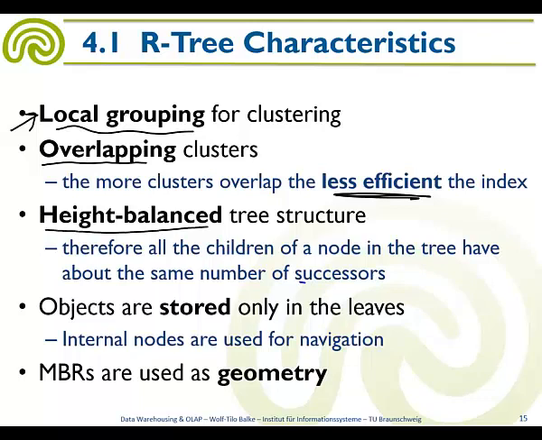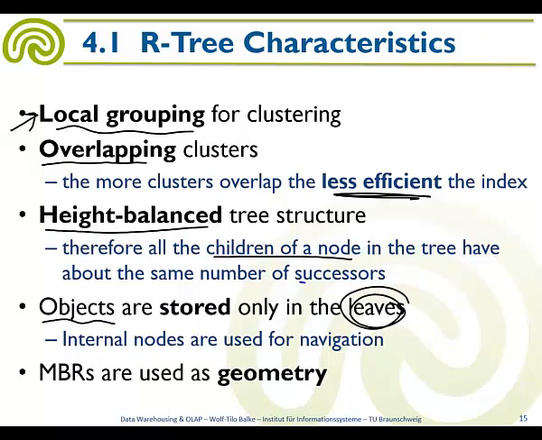And in terms of the balance, the tree is balanced, so the children of the node, the degree of the node is usually bounded, so there is a minimum and an upper bound, and they're going to be plus or minus 1 the same, so it's balanced. And the objects, the actual data points, are only stored at the end, so only at the leaves.